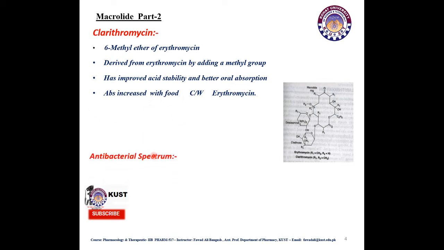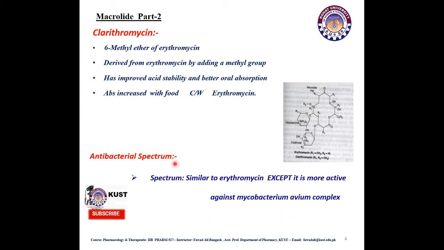The antibacterial spectrum is similar to that of erythromycin, except it is more active against the Mycobacterium avium complex, also against Mycobacterium leprae and Toxoplasma gondii. They are most active against these specific species.